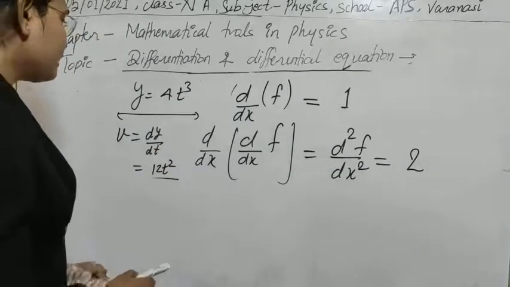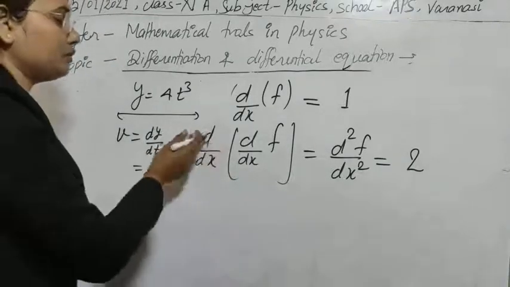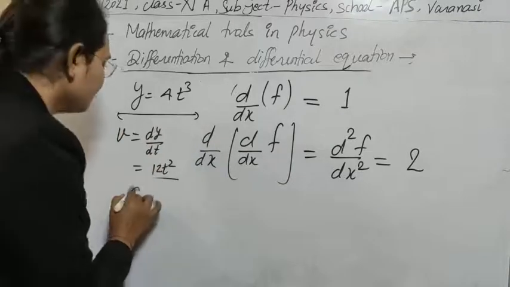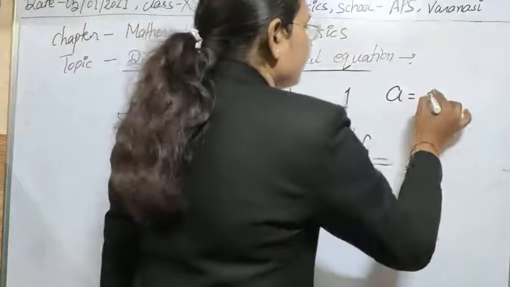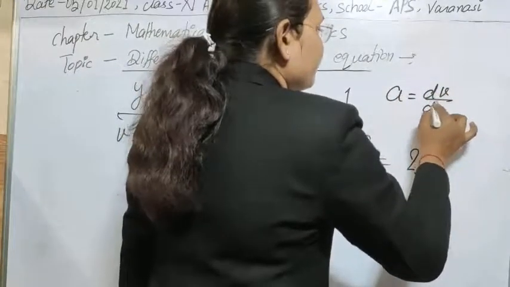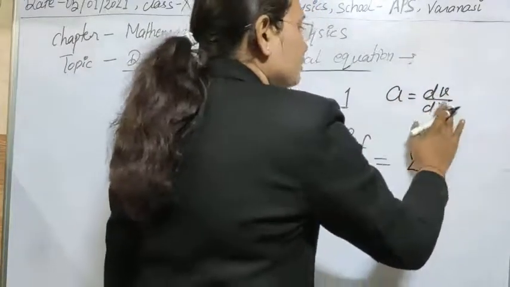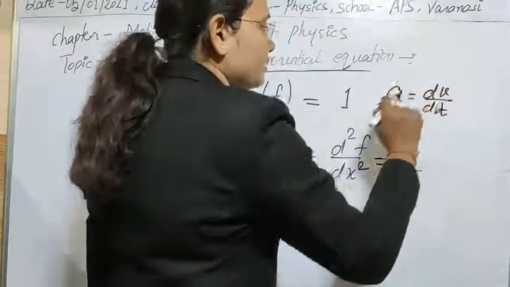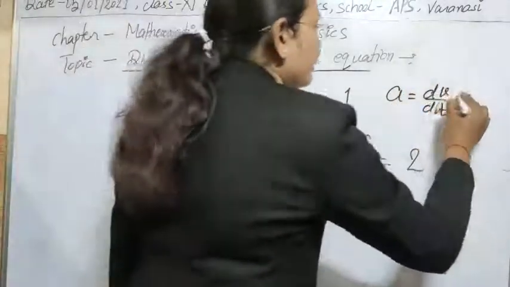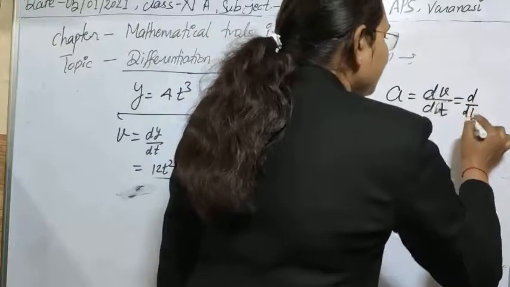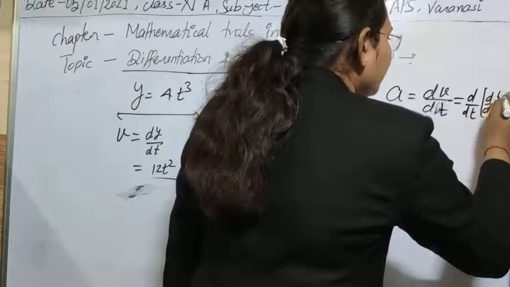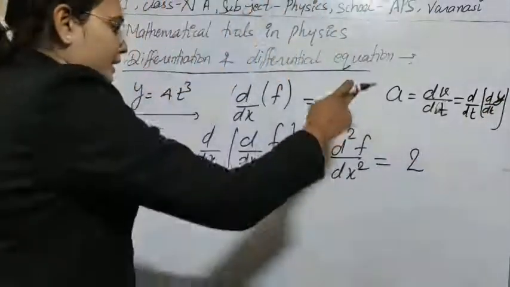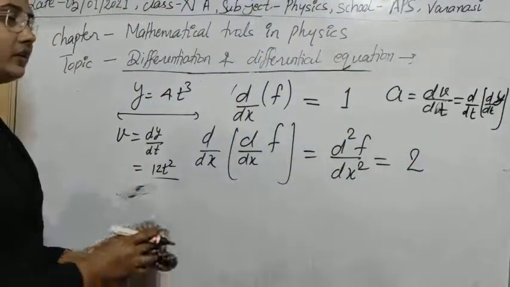And again, if you have to find out the acceleration, there are two methods. Acceleration is given by the first order derivative of velocity, or you know that v is equal to dy by dt.